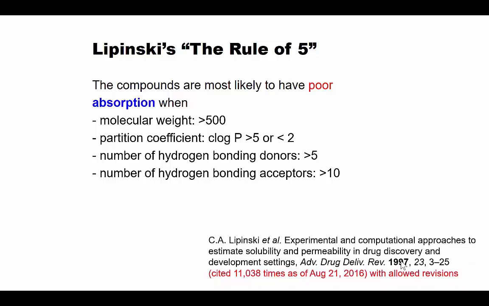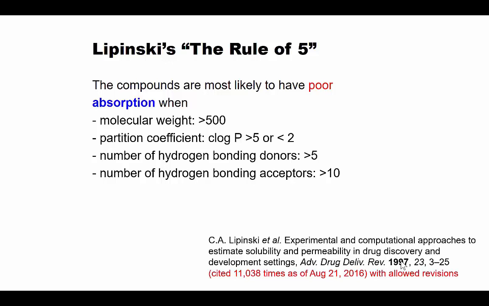This rule was originally published in 1997 in Advanced Drug Delivery Reviews. And this paper has been the most cited paper in the journal. I just checked today, as of August 21, 2016, this single review paper has been cited more than 10,000 times.